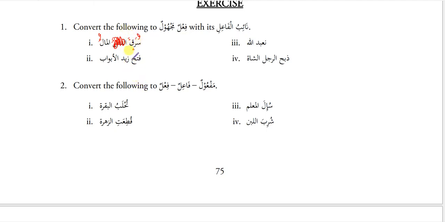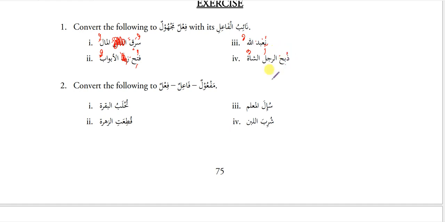Then we have fataha Zaidun al-abwab, so it becomes futiha al-abwabu. Then na'budullaha, so the fa'il is removed and it becomes yu'badullahu. Then we have dhabaha rajulu ash-shat, so it becomes dhubiha ash-shatu.